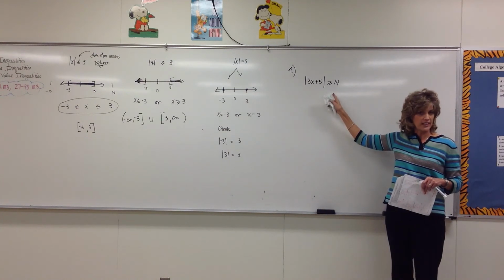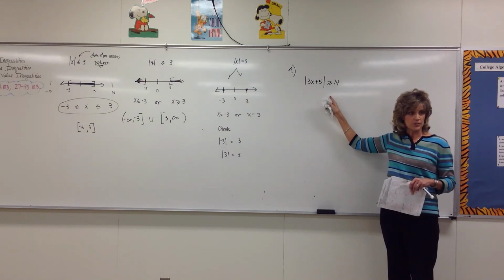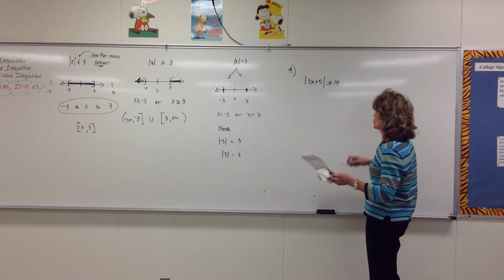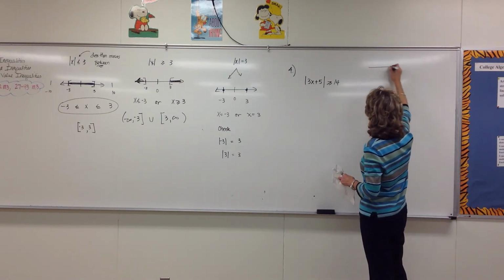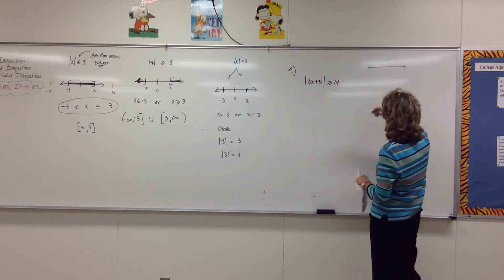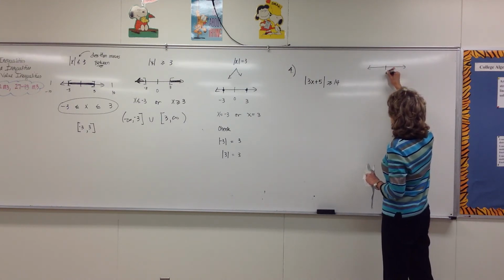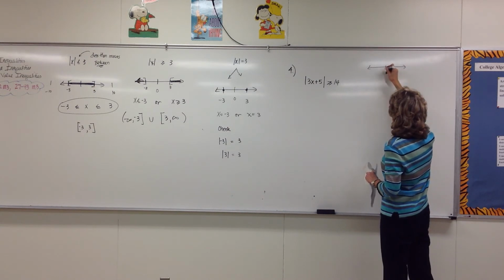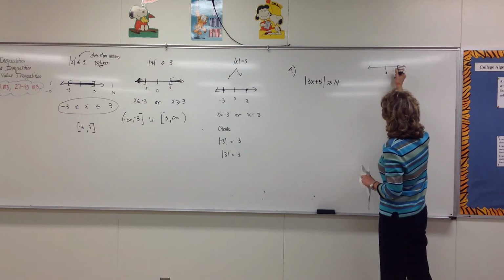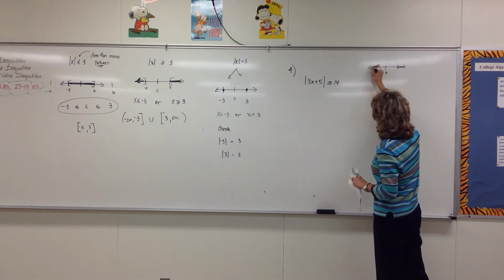What would it look like if your distance from 0 was more than 14? I'm going to draw you a little picture. This is not a graph of the solutions to the whole absolute value problem. It's just, what does it look like if I'm more than 14 away from 0? I can go out 14 to the right or beyond. I can go out 14 to the left or beyond.